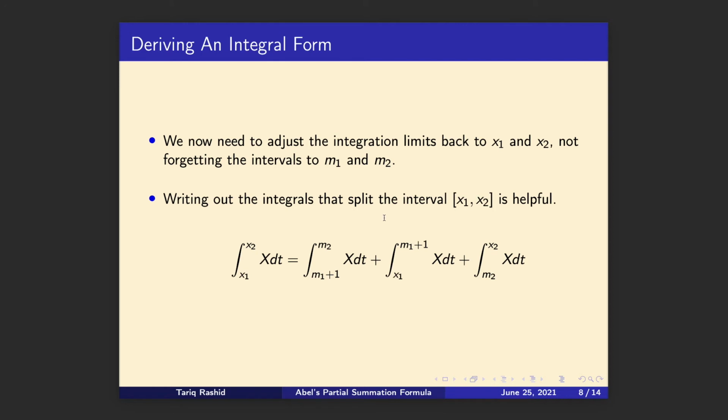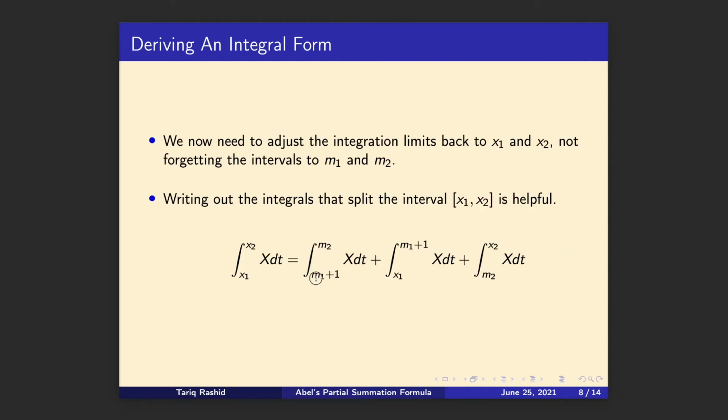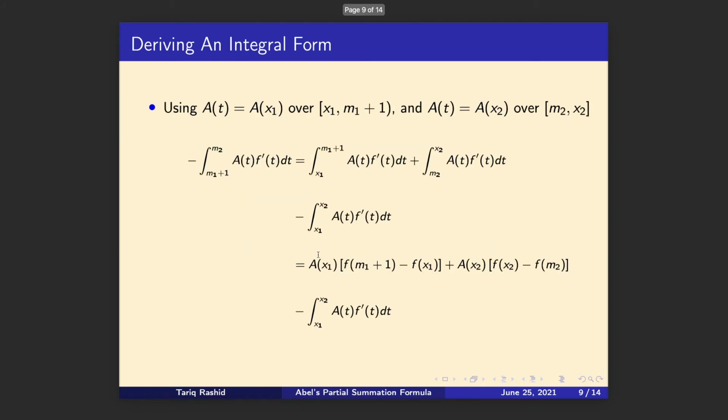Then we can say we have an integral which is from m1 plus 1 to m2. So if we isolate this one in terms of the others, we just say that plus that minus that is that. That will be helpful for us. Right, so let's do a bit more algebra. So we're just focusing on that m1 plus 1 to m2 integral.